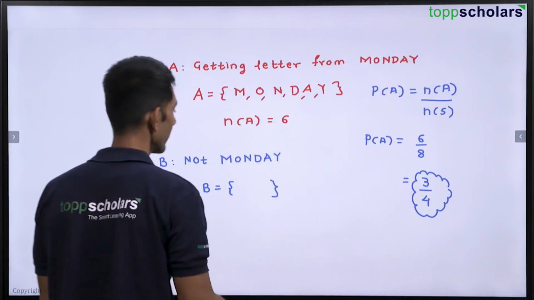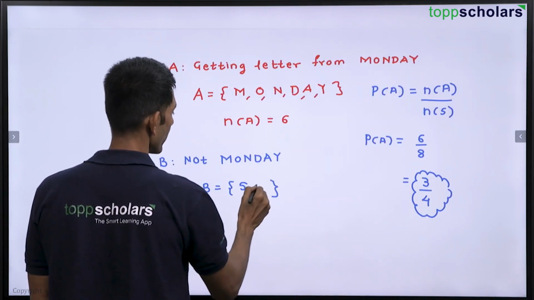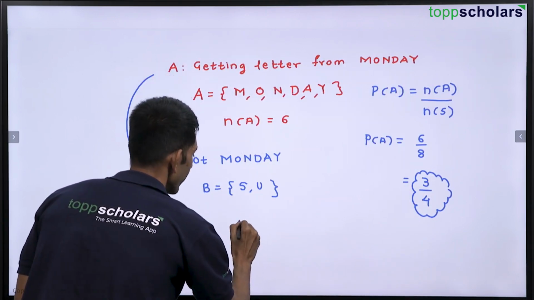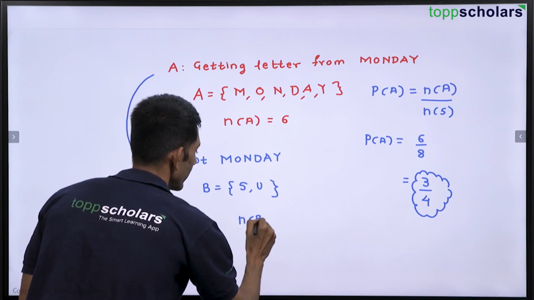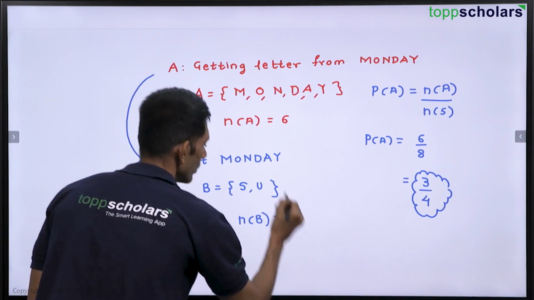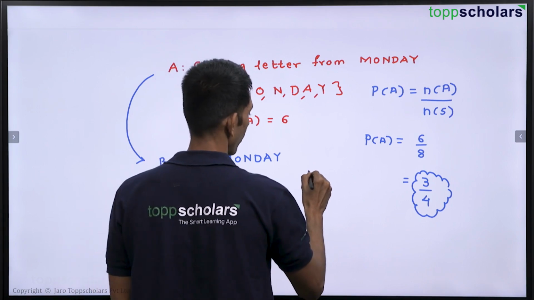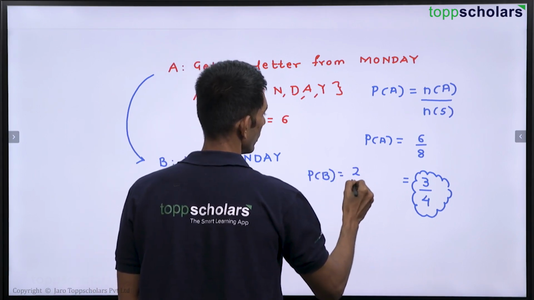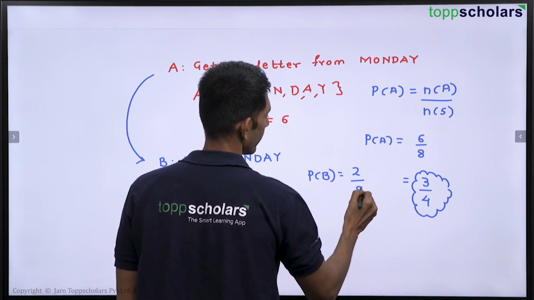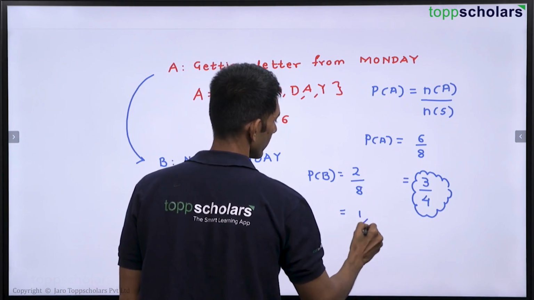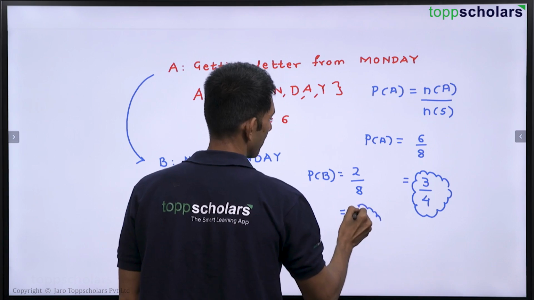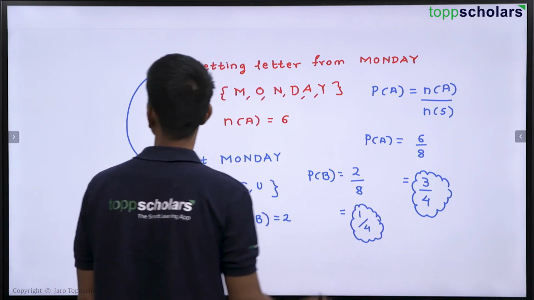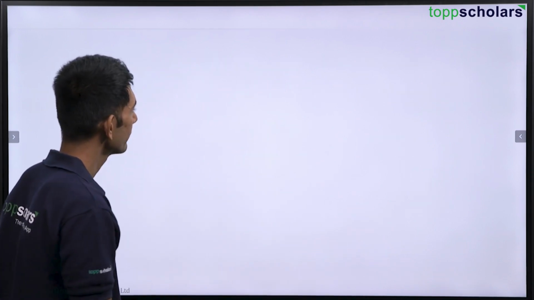Only this part is remaining. So can I write down S, comma U? Yes. So can I say n of B is equal to 2? So the probability of B is equal to 2 by 8, and 2 by 8 is nothing but 1 by 4. So 1 by 4 is the final answer, isn't it?